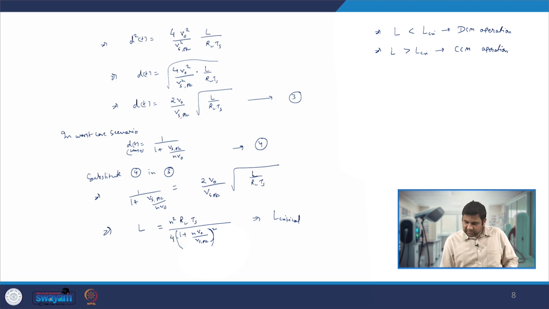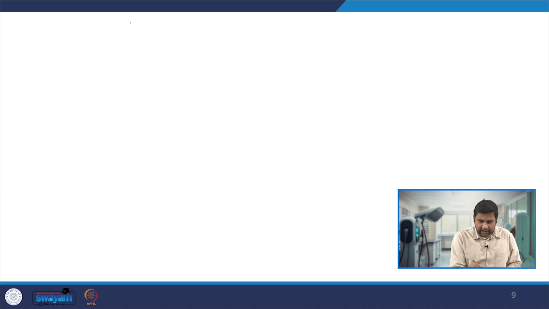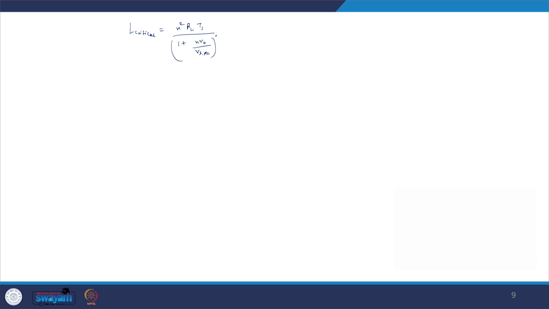Now here we can write L critical as nothing but equal to n square RL Ts divided by 4 times 1 plus n V naught by Vs peak square.